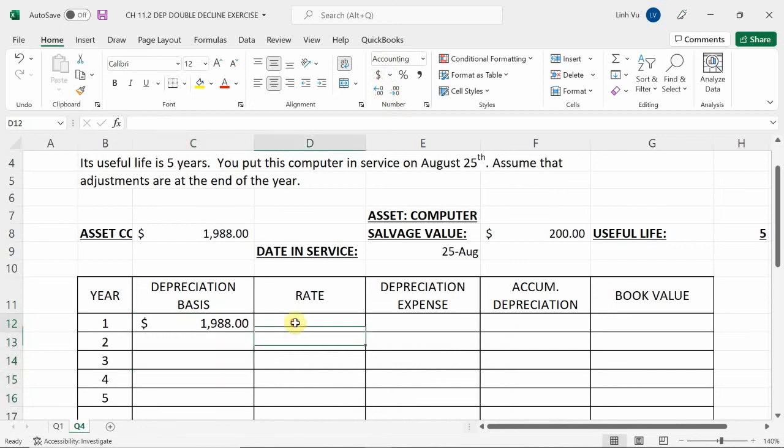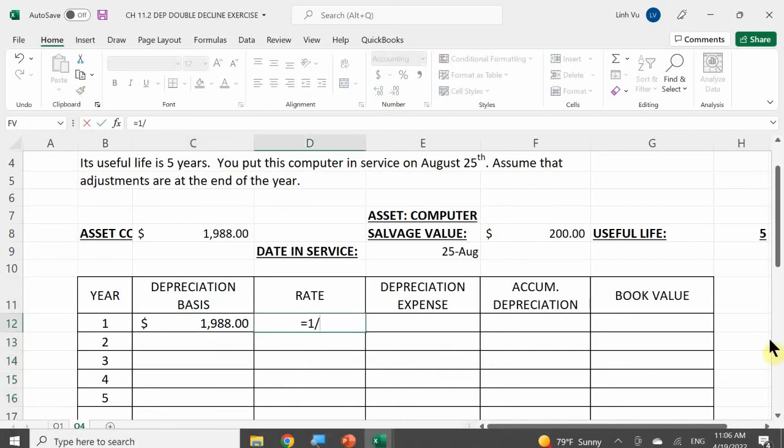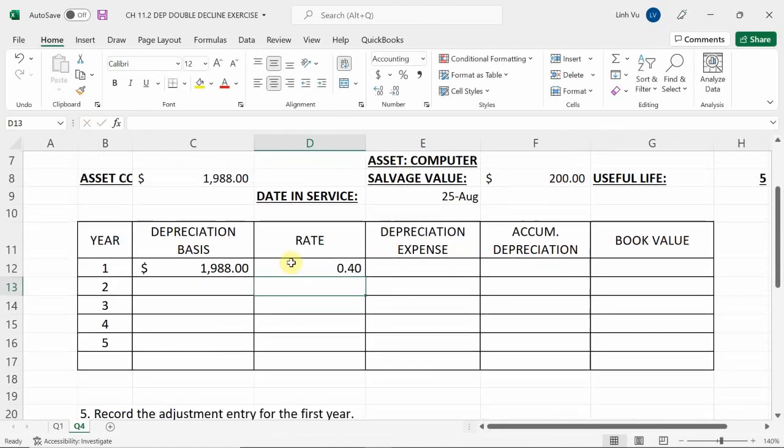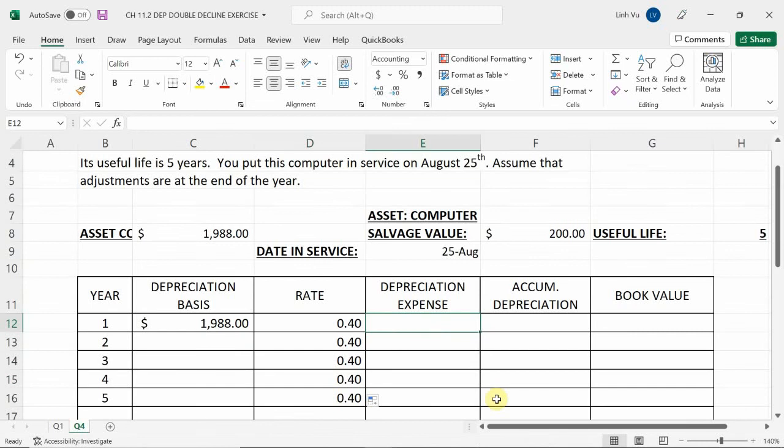What's my rate going to be? 40% all the way down. Good, right? It's 1 divided by 5, which is the estimated useful life, times 2, which is going to give you 40%, which is going to go all the way down. Good. So what's my depreciation expense going to be for the first year?